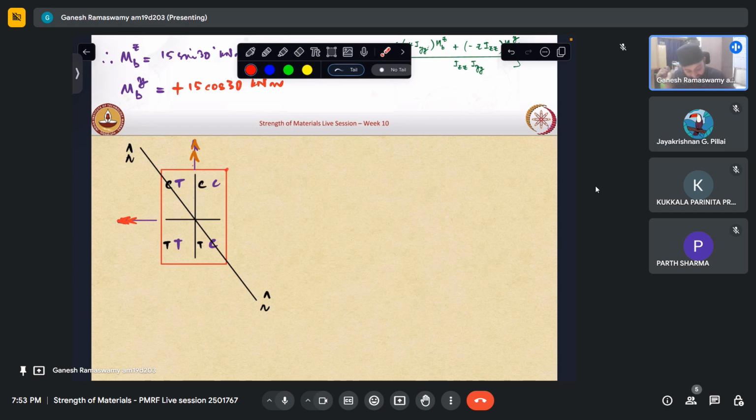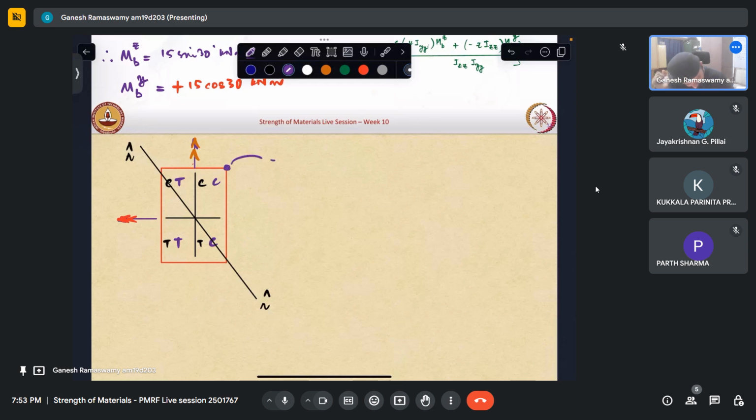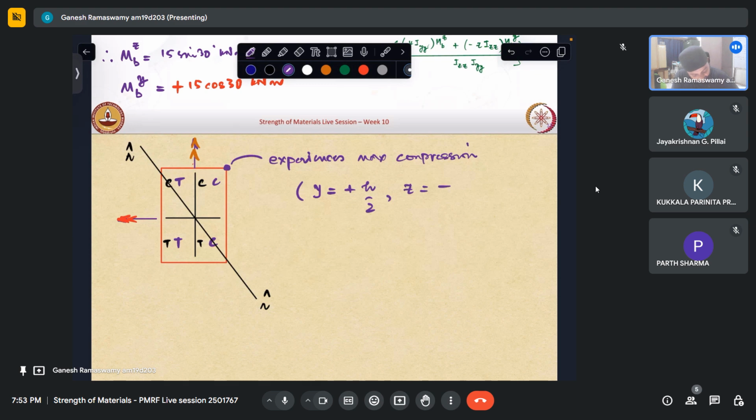So this point, which is y equal to plus h by 2, z equal to minus b by 2, with the understanding that this is b and this is h.